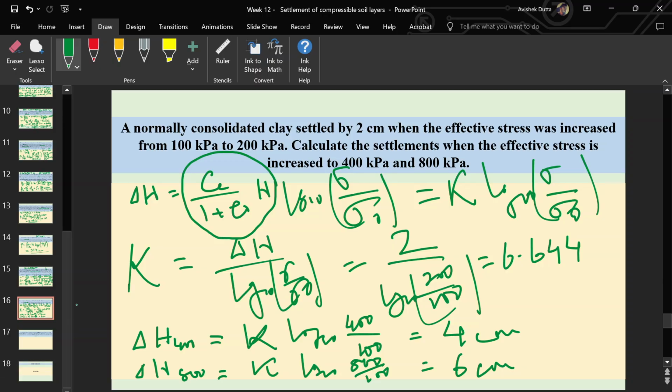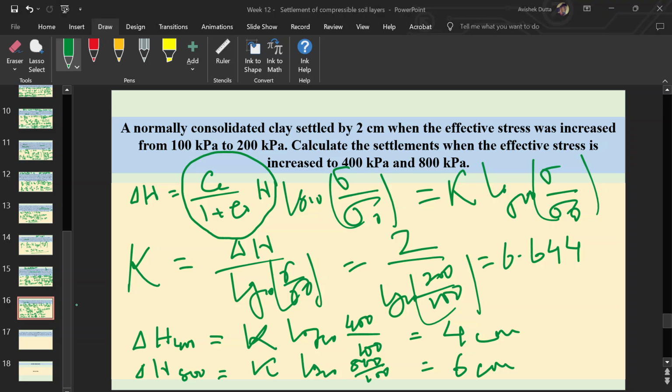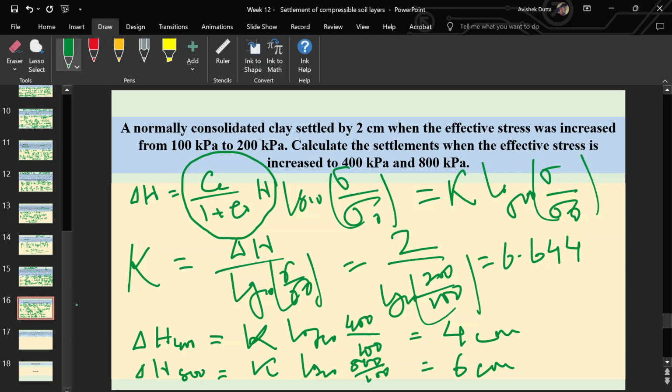Sir, here a small clarification. I think I understood this example. Same concept can be used, for example, at the last line. If the pressure is increased from 400 to 1000 kPa, if they give, also we can do it.